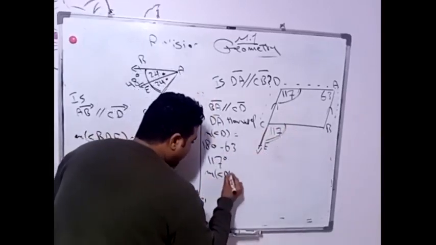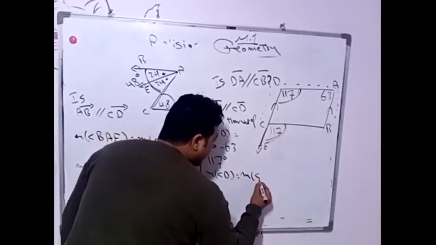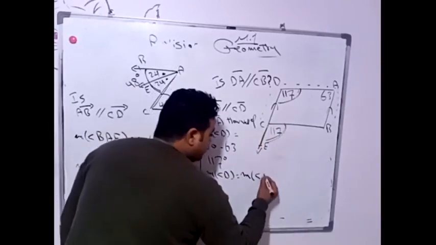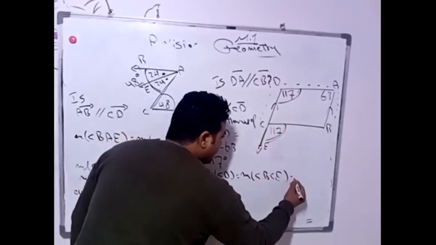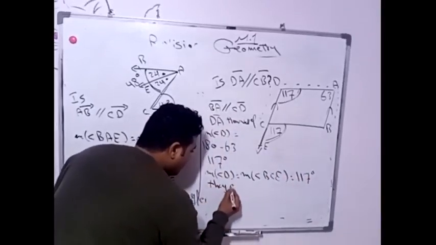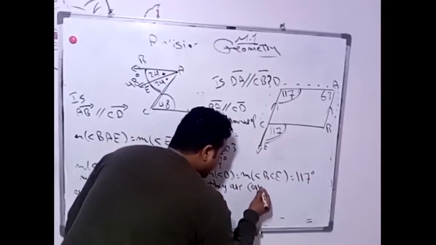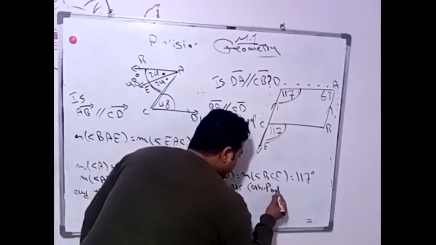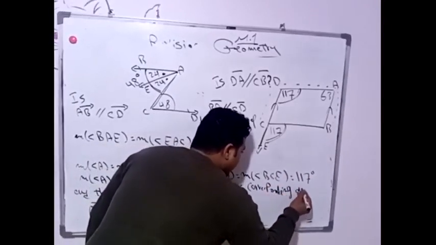Measure angle D equals measure angle BCE, equal 117, and they are corresponding angles.